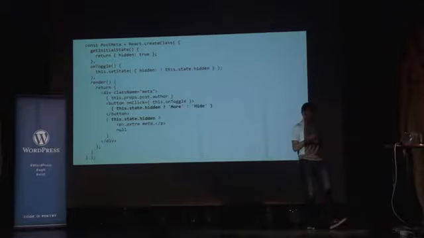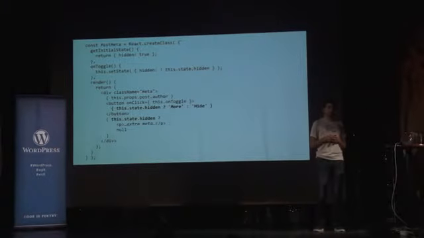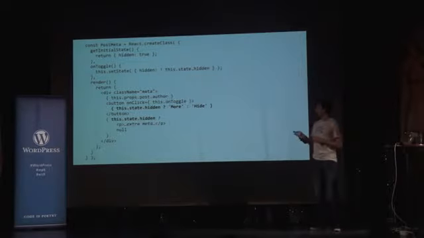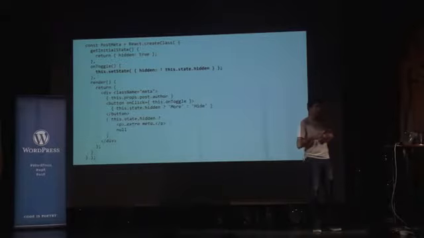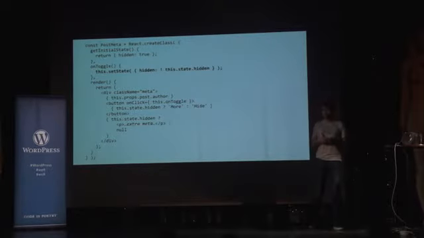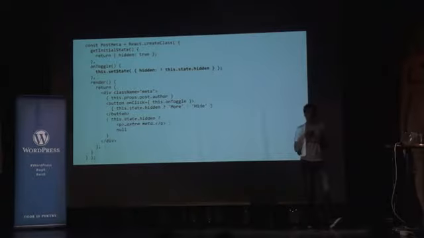And if we want to change something in our component, let's say we want to have a button which shows and hides the post meta bits, we can use something called this.setState. And we can change the internal state. And here comes probably the most interesting bit of React: we don't need to actually change the UI ourselves.